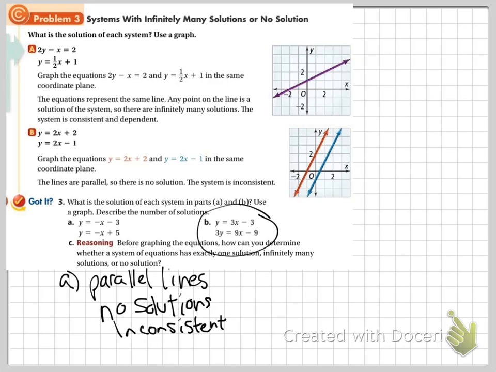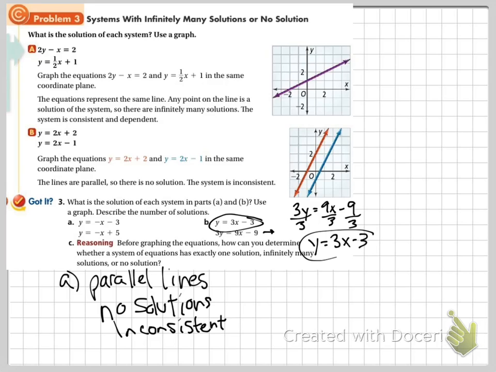What about this one? Well, we can't even start graphing it yet until we get that second equation solved, right? We need to get the y alone. So we've got 3y equals 9x minus 9. So I'm going to divide everything by 3. And I get that y is equal to 3x minus 3. Well, if you look at our first equation and you look at this new one we just solved, those are exactly the same lines. If they are exactly the same lines, then they overlap, right?